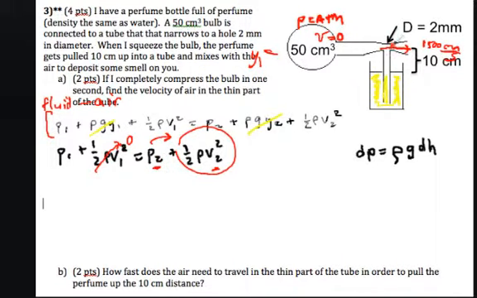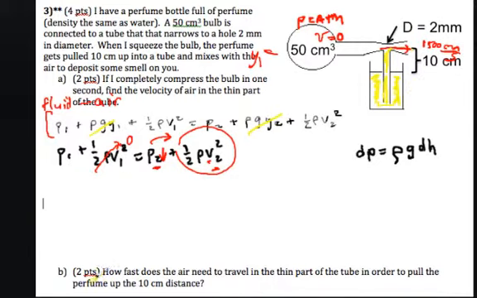We've basically lost a whole bunch of pressure in order to give those molecules velocity. This pressure P2 is very small, and that's actually what causes the vacuum that's created here and causes the liquid to come up and be misted out, this perfume mister.